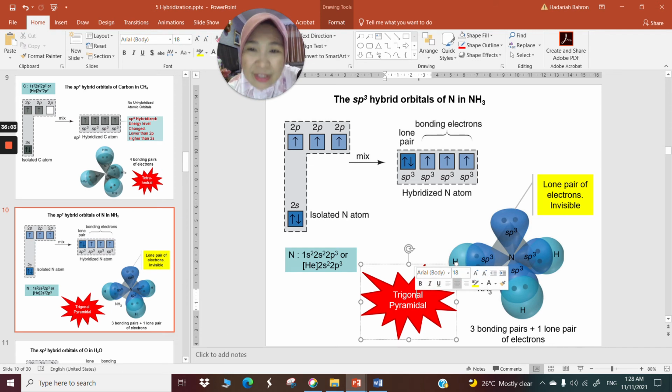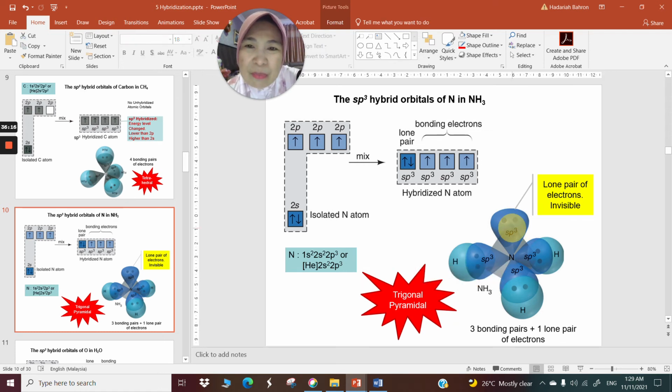And for a tetrahedron, if you recall our VSEPR, an ideal tetrahedral has a bond angle of 109.5, but because the lone pair is pushing the bonded pair further away, that is going to make this H and H bond angle narrower, smaller than 109.5, and it becomes 107.